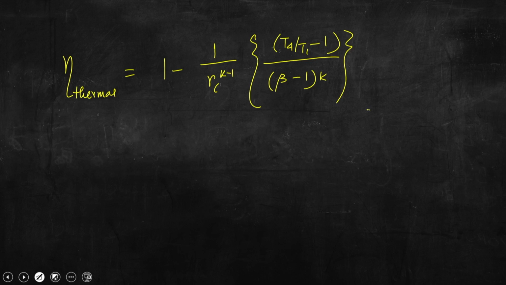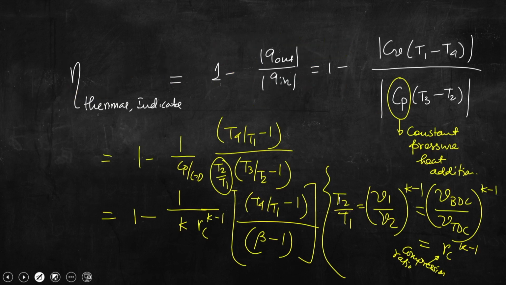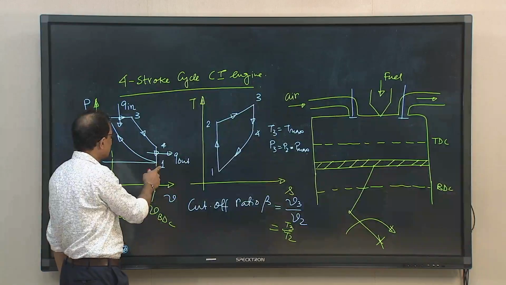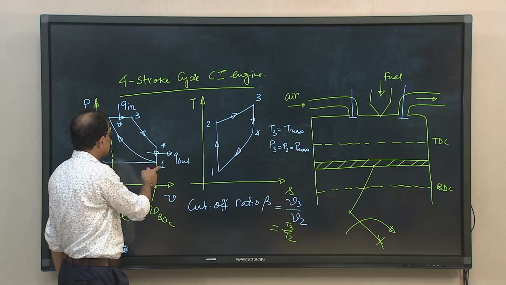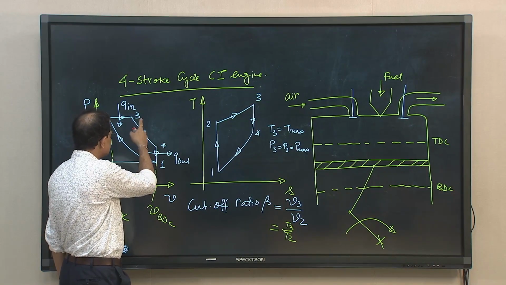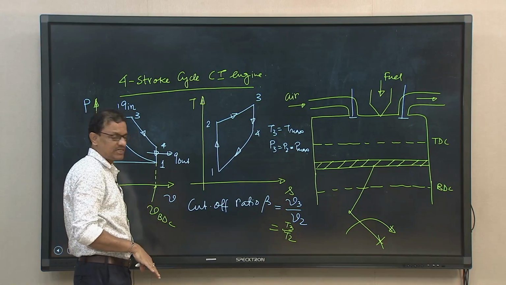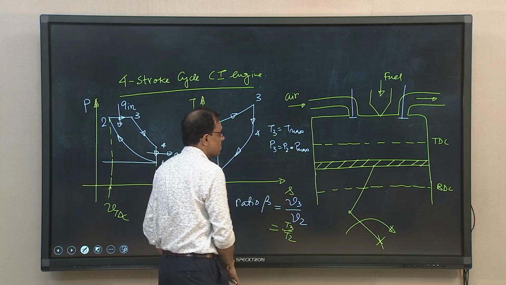Now, what about T4 by T1? So, what is T4? If we go back to the processes, we can write T4 in terms of T3 and T1 in terms of T2. Then you can also express that quantity in terms of beta, because beta is already T3 by T2.